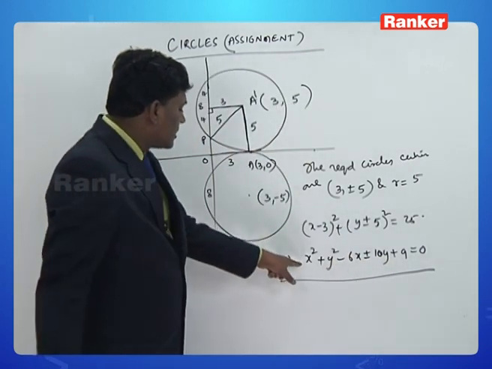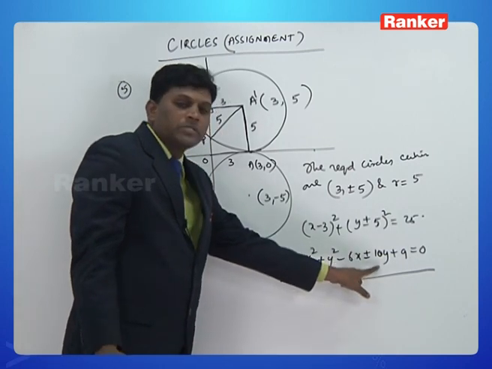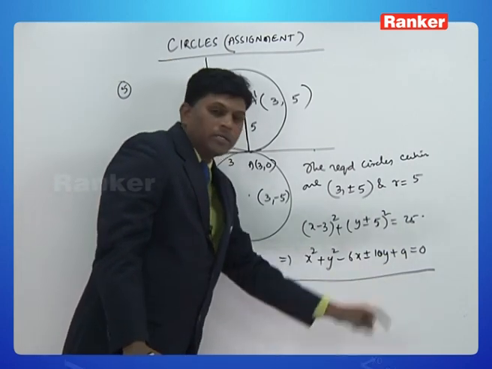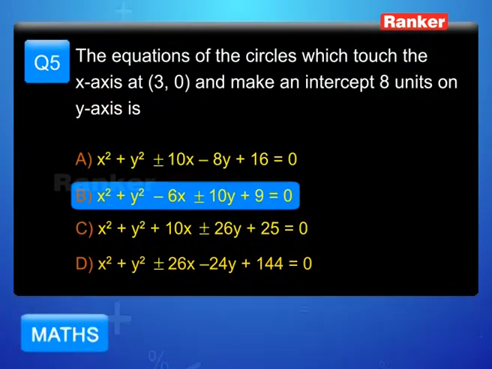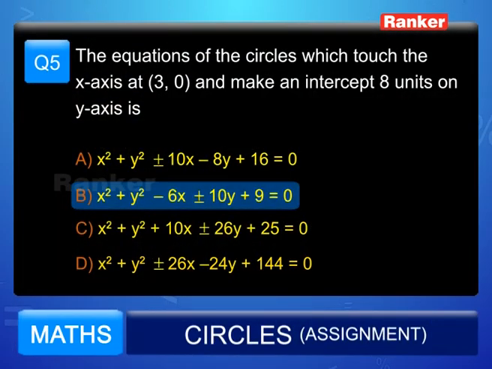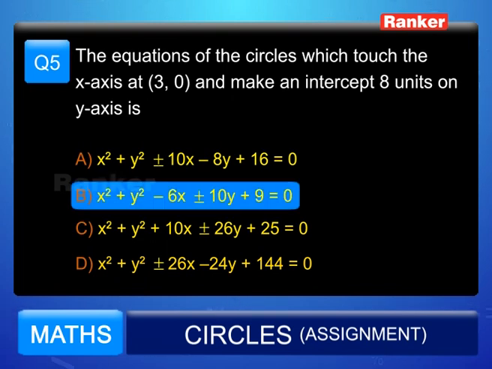So the required circles are x squared plus y squared minus 6x plus or minus 10y plus 9 equals 0, which is clearly represented by option B in the question. That's why the right option to this question is option B.